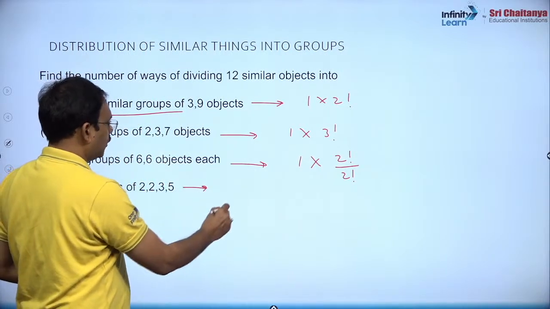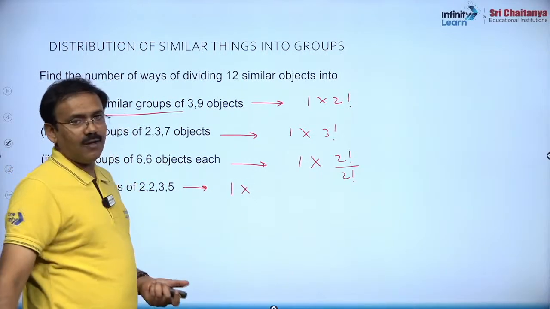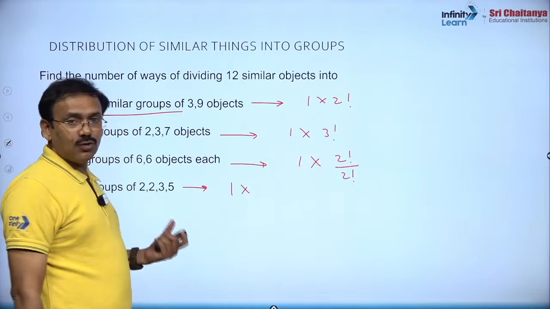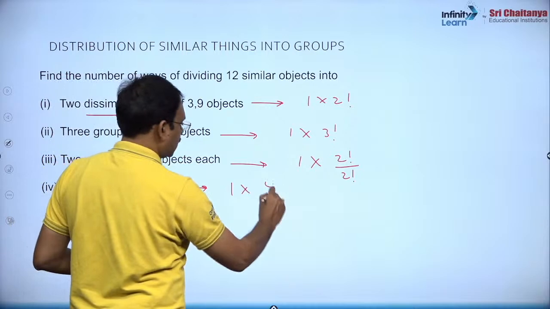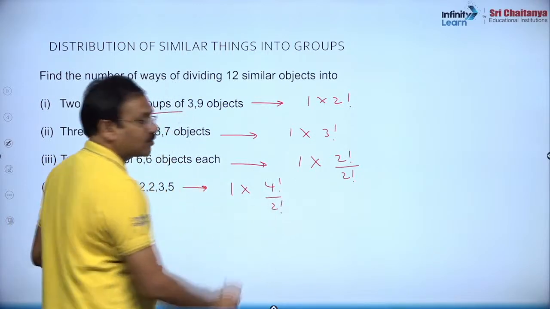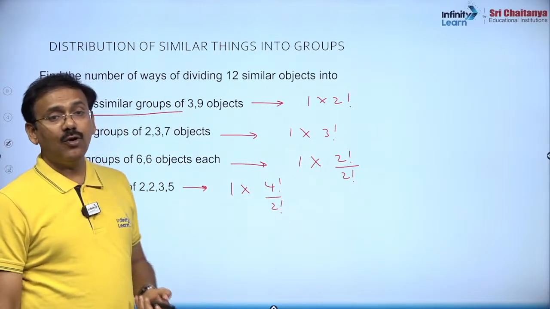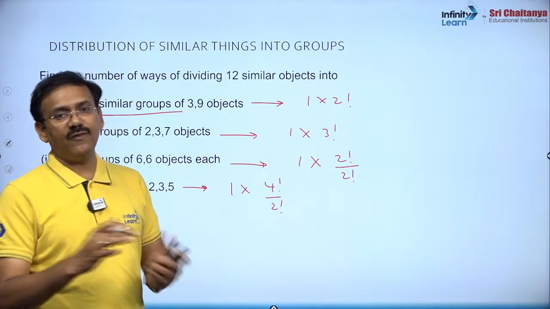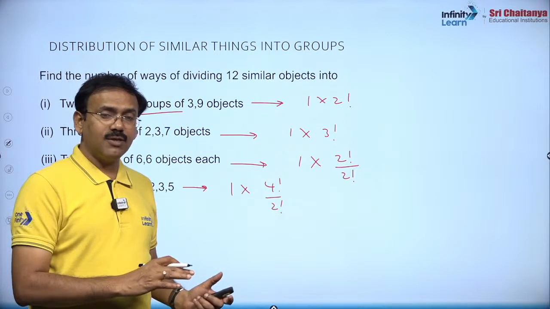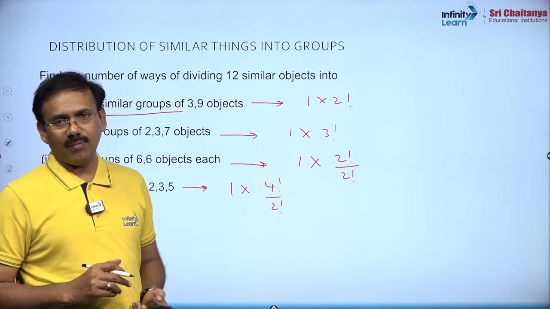Here also you will get division is one way and distribution, so 2 identical, 2 different for 4 boxes. 4 factorial by 2 factorial you will get. This is how we divide and distribute dissimilar objects into different boxes, similar objects into dissimilar boxes.